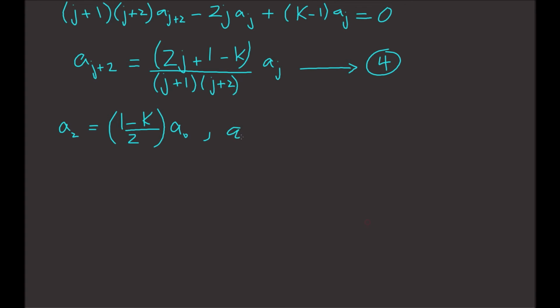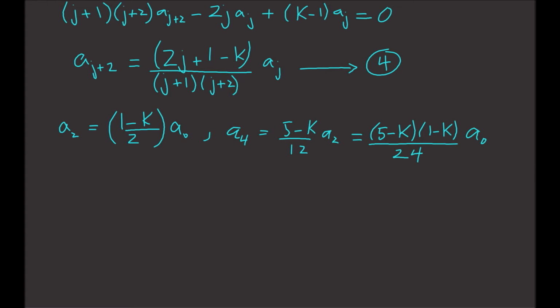So a4 is equal to 5 minus k divided by 12 times a2, right? But we know a2 is in terms of a naught, so we can rewrite this as a4 equals 5 minus k times 1 minus k divided by 24 a naught.